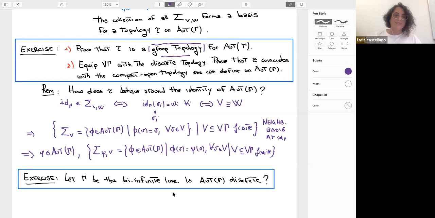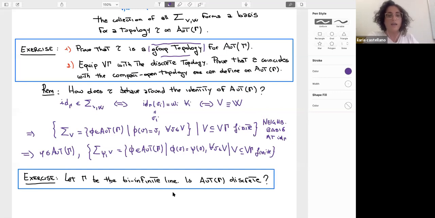And actually, this is a very difficult problem. Usually it's a hard problem to answer the question, is this topology discrete or not? Even in the case of automorphisms of a connected graph, it's not clear if there is some technique that allows you to understand if the compact-open topology is discrete or not. This strictly depends on the graph that you have.